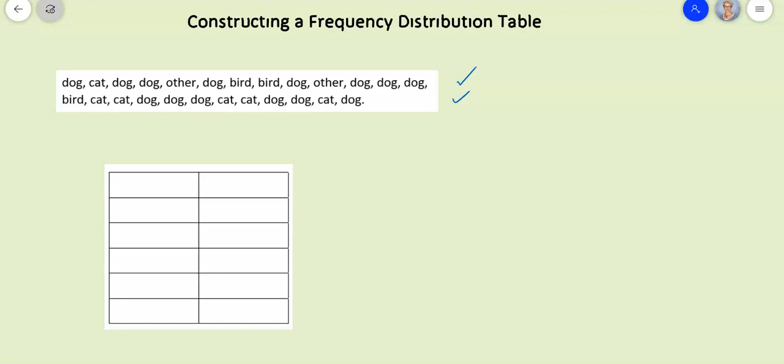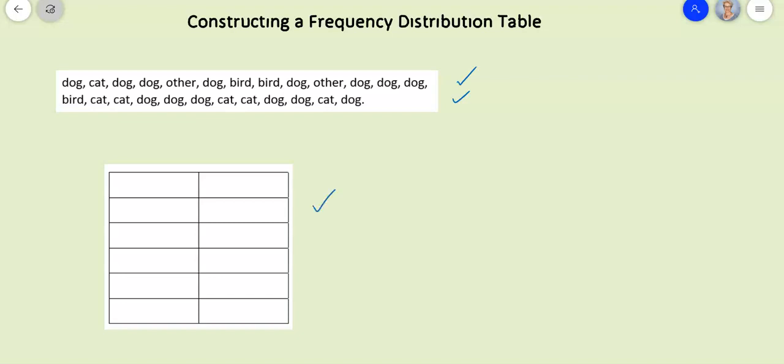This is what we call qualitative data. They are categories or names of things. These names are types of animal. So when we are constructing a frequency table, we make sure that there are two columns like we have here.